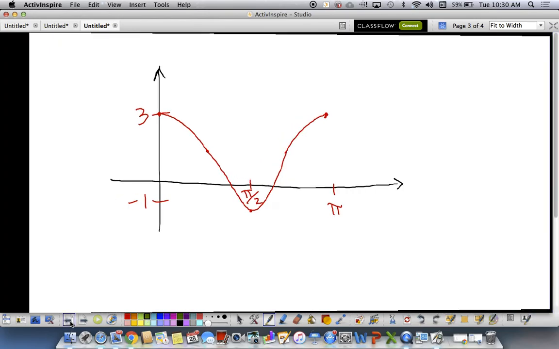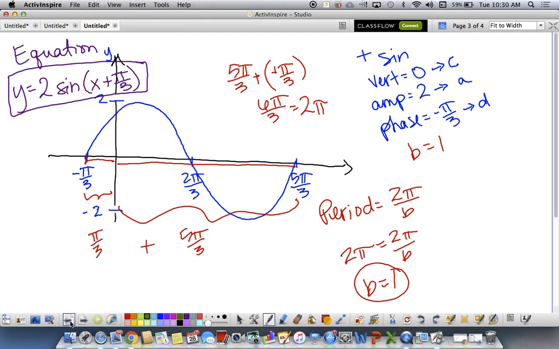The vertical shift is 1. We went up to 2, we went down to 2. Okay? What was the distance between them? 4. Okay? What's halfway between? Finding the amplitude is pretty easy when you have this.